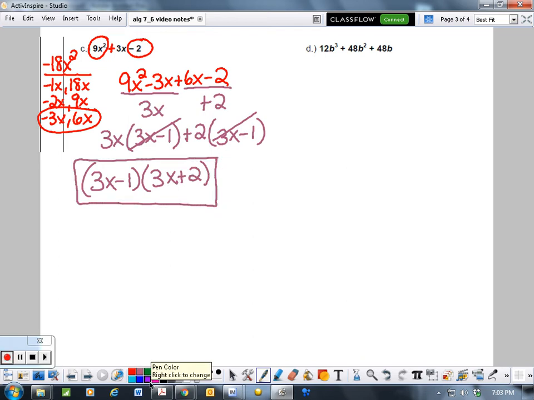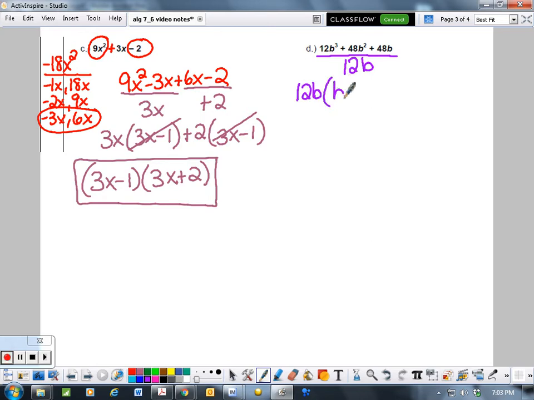Okay, next one. Ooh, we do have stuff in common. They all have a b. I know 2 works. I know 4 works. 6 works. 8 does not. 12. I think 12 is the biggest number. So I'm going to factor out a 12b.